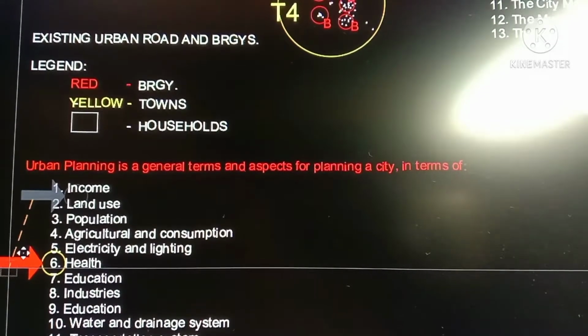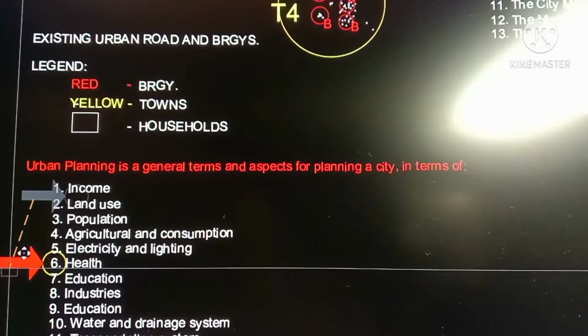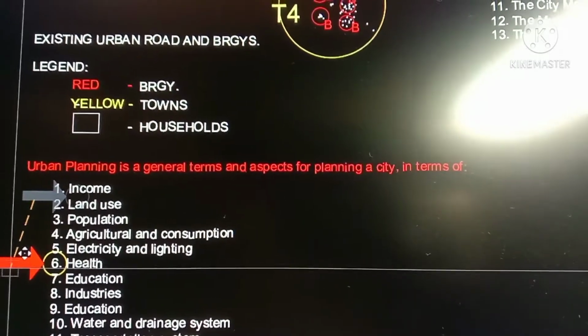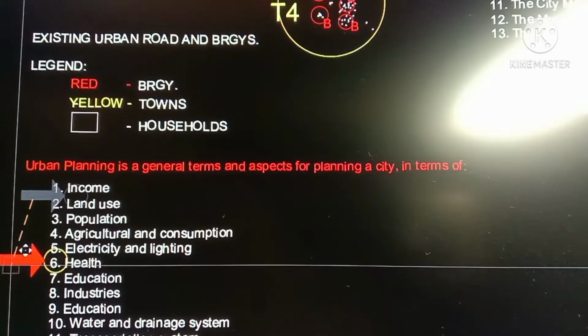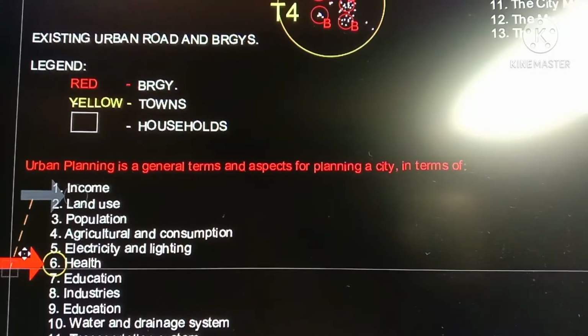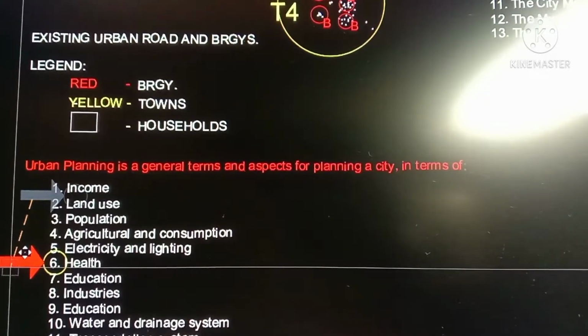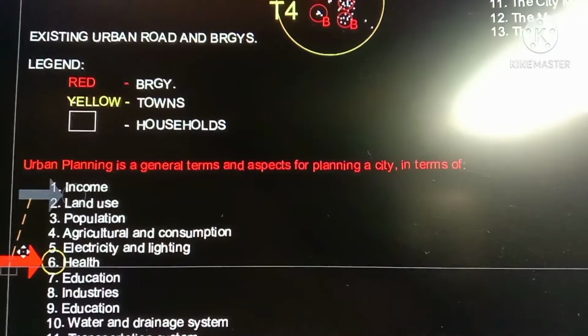In the city, it involves health facilities, like for example hospitals, clinics, and so forth, that will help provide for the inhabitants to live within the city. So that is one of the requirements to become a city.